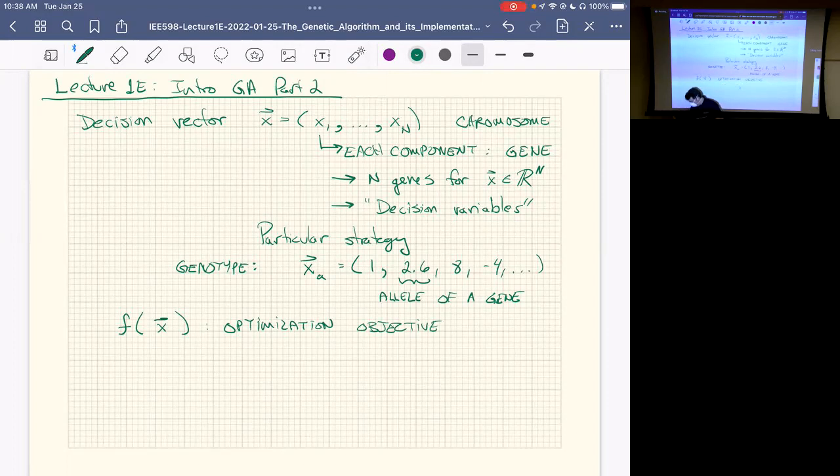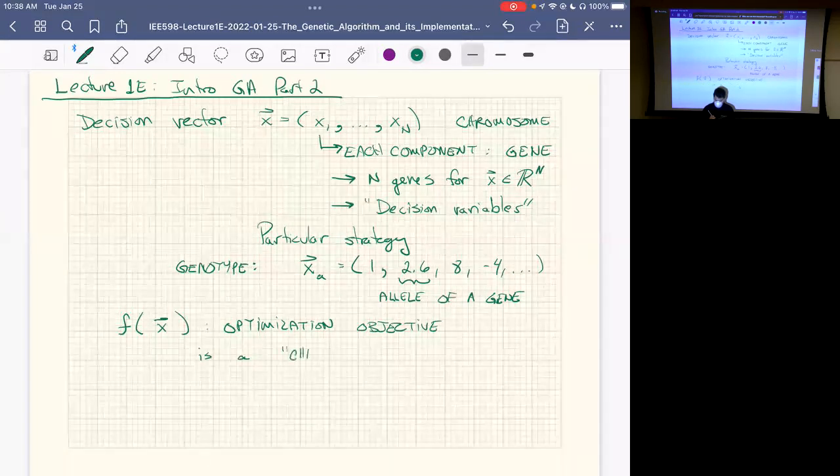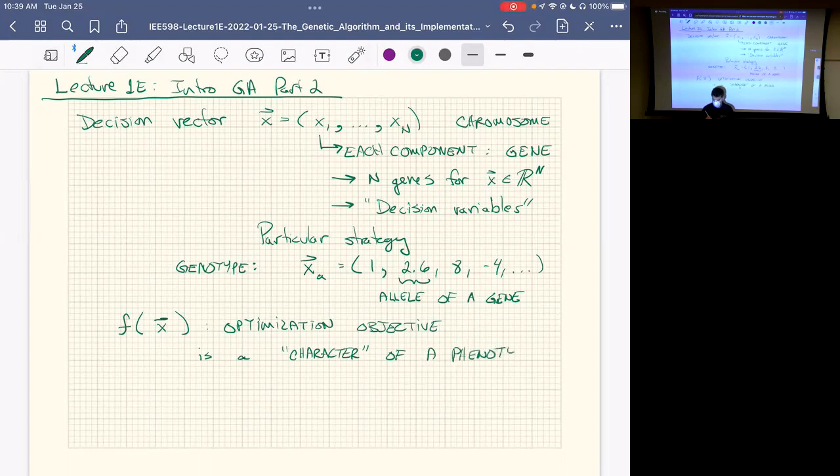But that optimization objective we refer to as a character of a phenotype. And right now we're in the very simple case of single objective optimization, where every phenotype just has a single character. And so there's kind of a one-to-one map between a character and a phenotype.